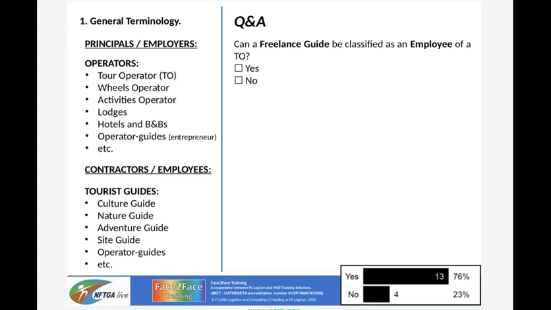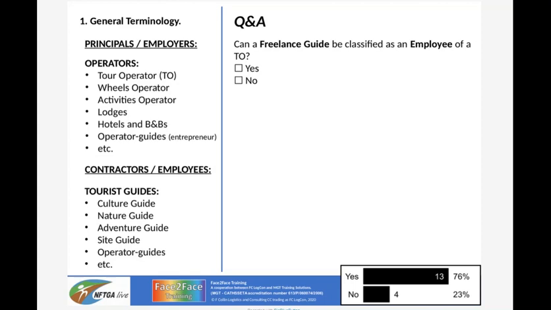If you work more than 3 days in a month, that is more than 24 hours, for a tour operator, that tour operator can classify you as an employee, especially if you've done it over a continuous cycle of more than 3 consecutive months. So you will have seen the case of many guides that received SMSs from the National Department of Tourism stating that they are registered for UIF, and stating that because they are registered for UIF, they have not received a payout from the Tourist Guide Fund.